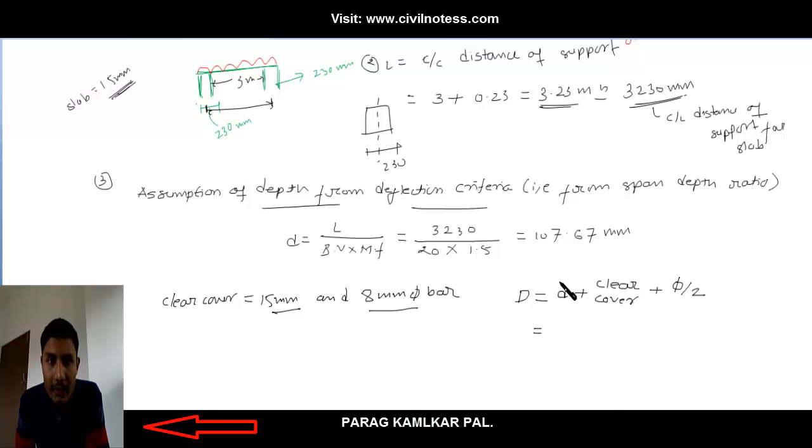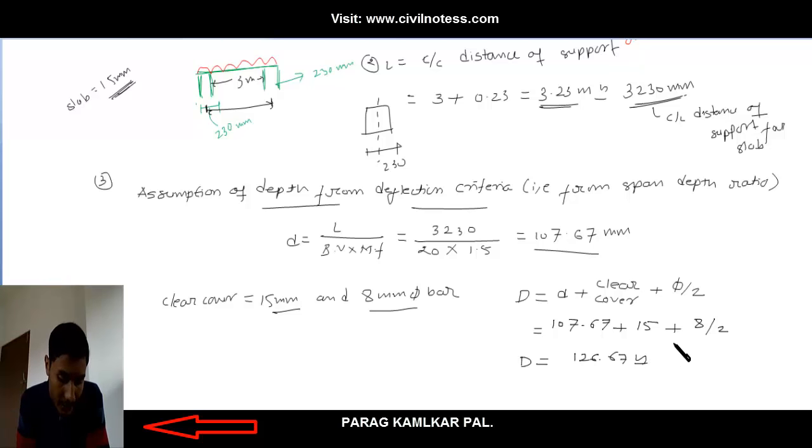The d we got, which is called the depth, is 107.67 plus 20 mm, that means the 15 mm clear cover plus diameter by 2, that is 8 by 2. So we get the depth as 126.67, which we round up to 130 mm.